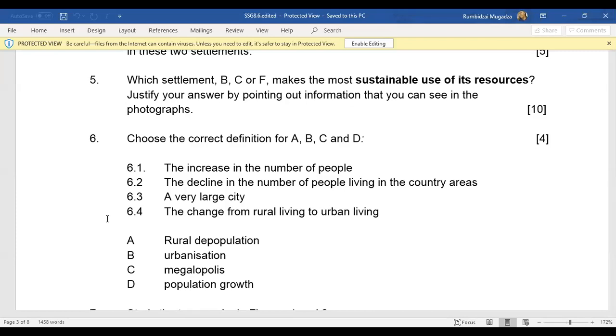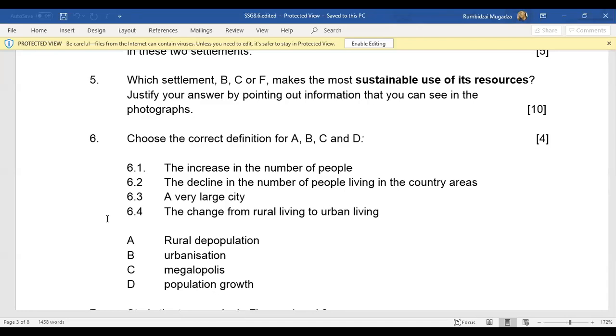Lisedi, thank you, A. It's rural depopulation. So when the number of people in the rural areas is decreasing, it's called rural depopulation.